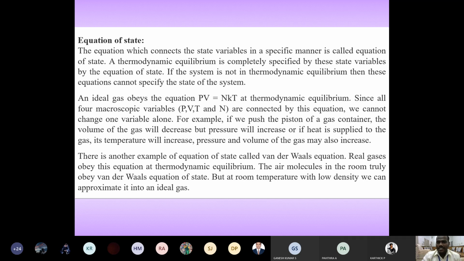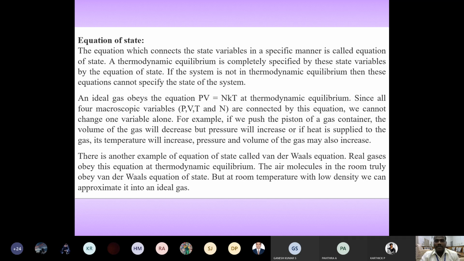Each and every state, as I said earlier, has its own variables. So these variables can be connected by some equation. This equation is called an equation of state. A thermodynamic equilibrium is completely specified by these state variables through the equation of state.